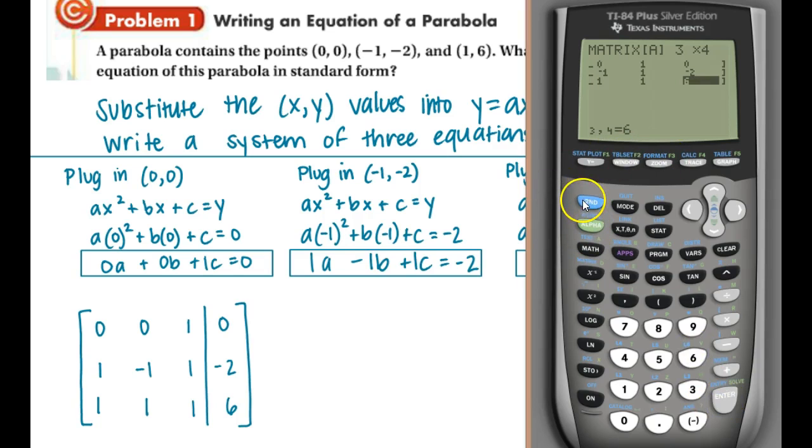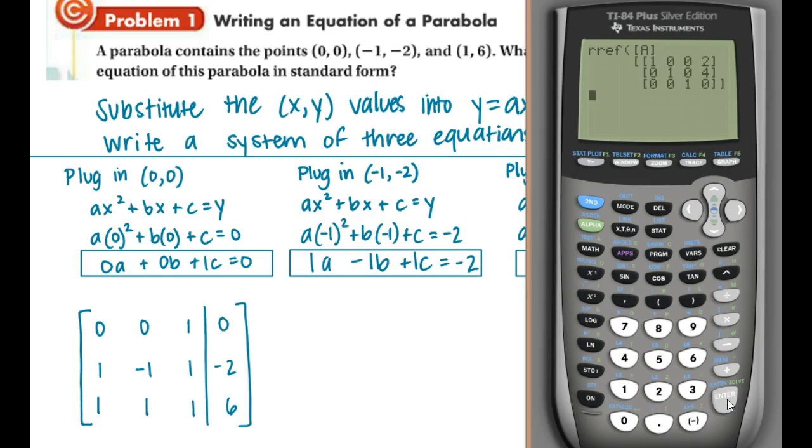Once you have your matrix inputted, you want to go to second quit and then back to second matrix, go to math and down to reduce row echelon form, which is RREF, and then go back to second matrix and input your matrix A or whatever variable you used.